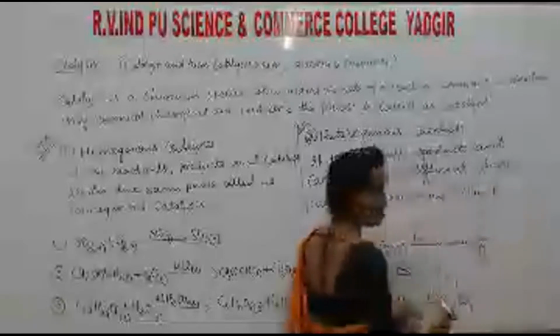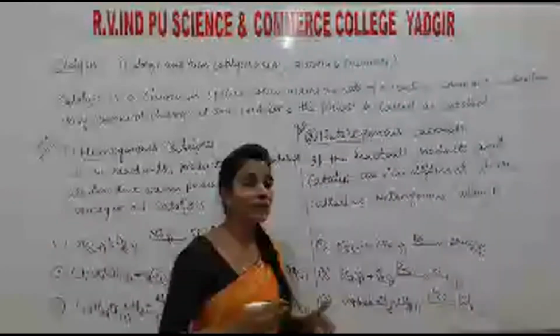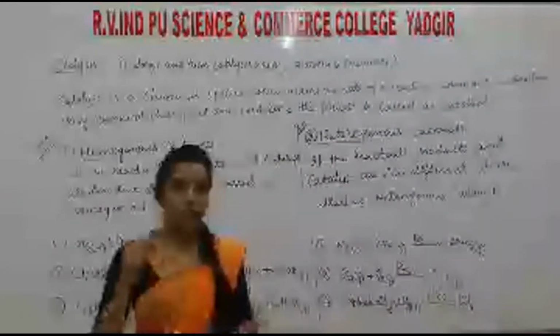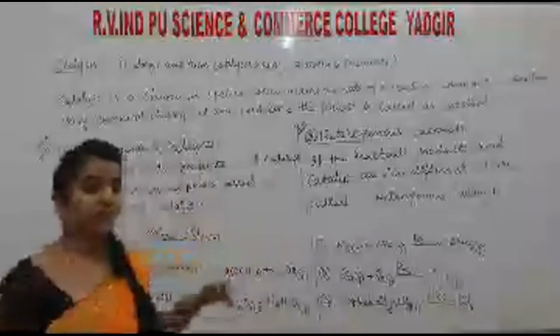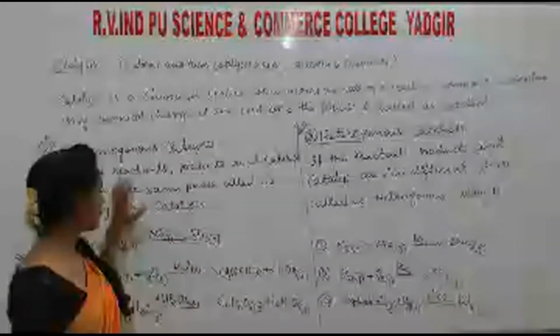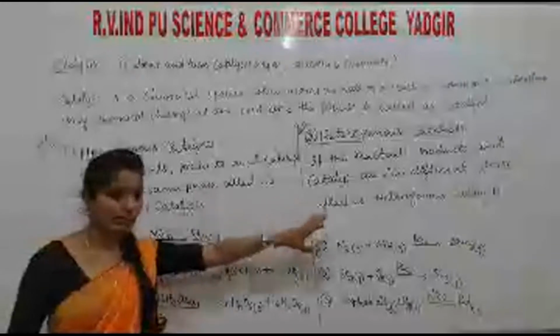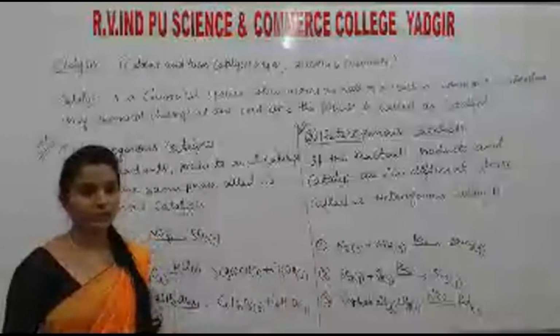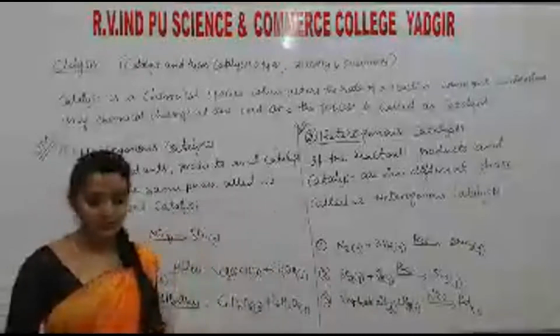Okay, so students, note down: homo means same, hetero means different. What is same here? The physical state of the products, reactants and the catalyst is the same, then it is homogeneous, and here it is heterogeneous. This is the example. Understand? Homogeneous catalyst and heterogeneous catalyst.